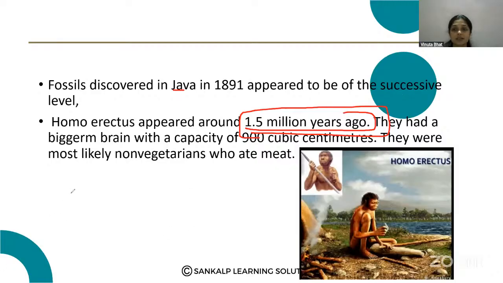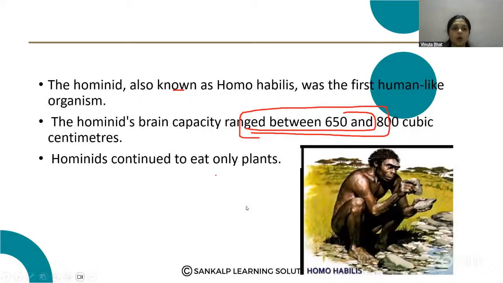So the first man who looks more like a chimpanzee was the Dryopithecus, then Ramapithecus, then Australopithecus, then Homo habilis, or you can call it hominid.